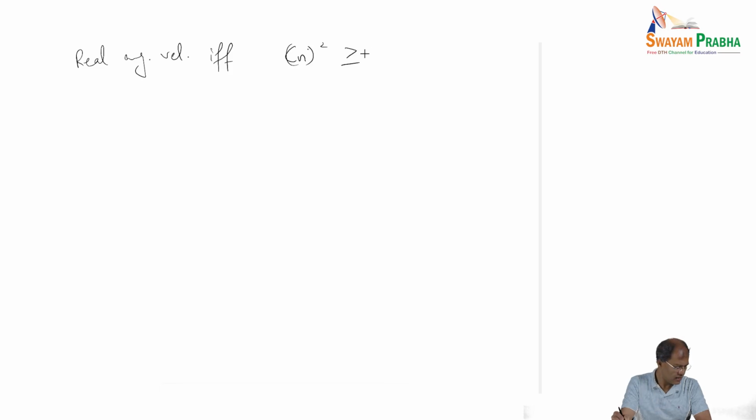We have a real angular velocity if and only if we have a positive discriminant of equation number 3. So we need Cn square to be greater than or equal to 4amgh cos alpha.